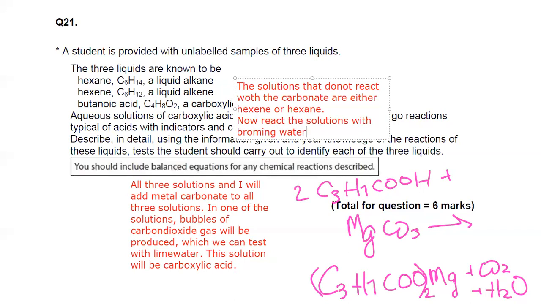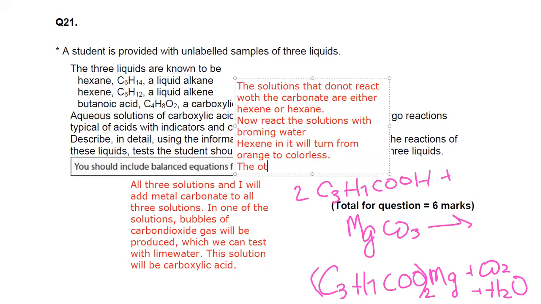What are you going to see? The one solution which has hexene in it will turn from orange to colorless, and the other solution will stay orange. And then you will write down the equation for it.